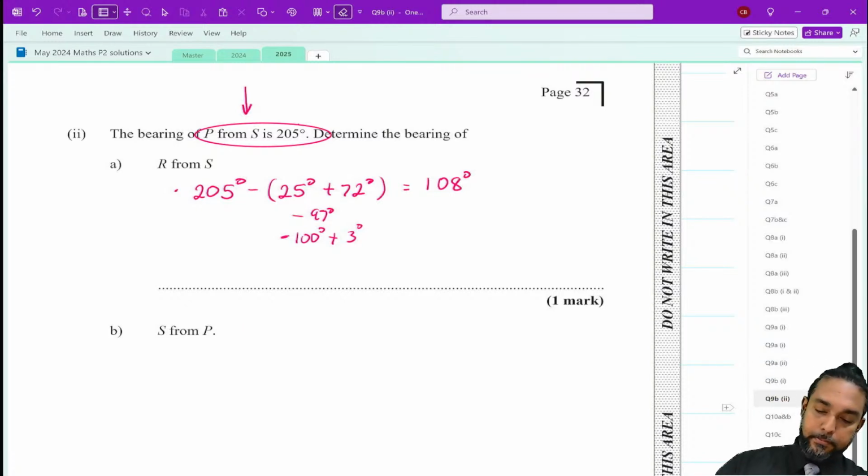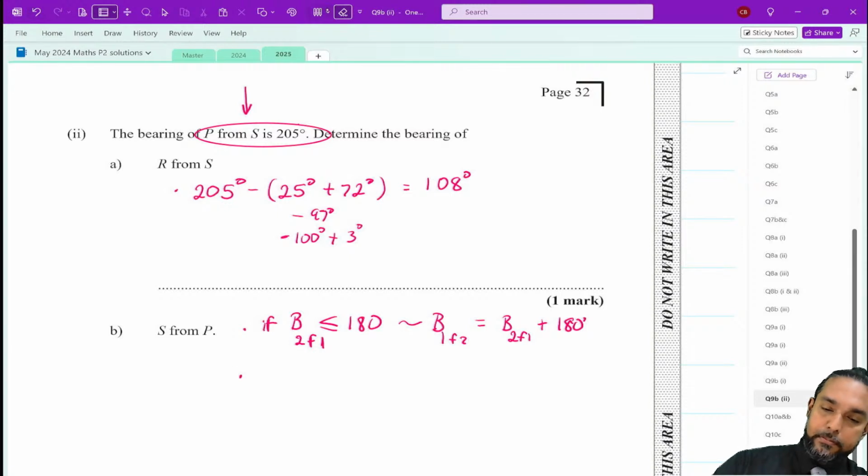If the initial bearing, let's call it B1, is less than or equal to 180, and you want bearing 2, which is the reverse, so let's say the bearing of point 2 from point 1, if that bearing is less than 180 and you want the bearing of 1 from 2, as in you want to flip the bearing, all we do is take the first bearing, 2 from 1, and add 180.